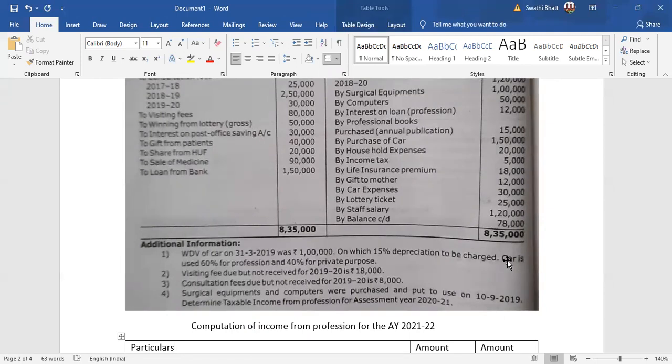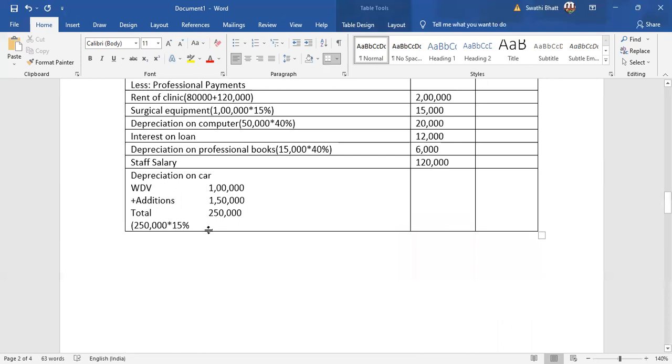To what extent you're using it for private purpose, you cannot deduct it because it's not related to his profession. So only that portion of the amount which is used for profession purpose, you can deduct. So that will be into 60% because only 60% is used for professional purpose. So that would sum up to 22,500.